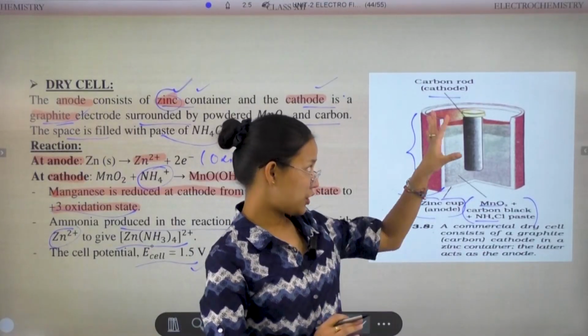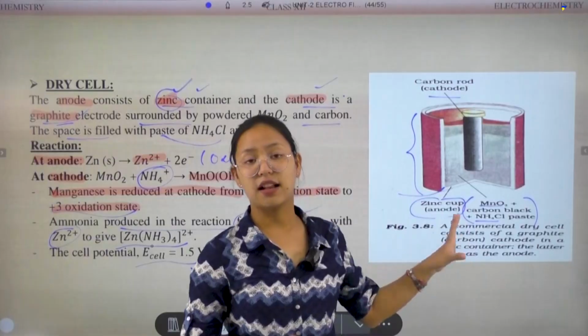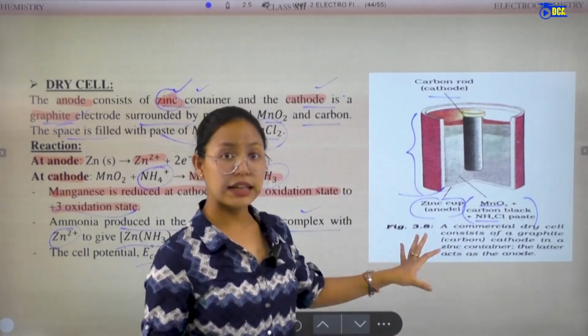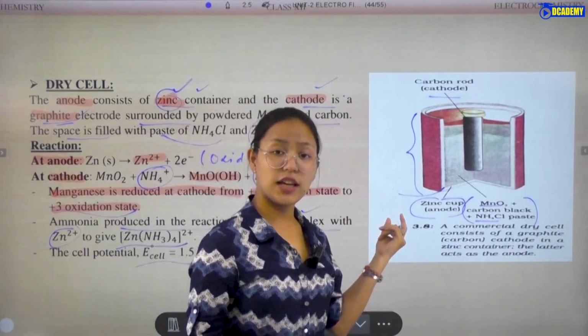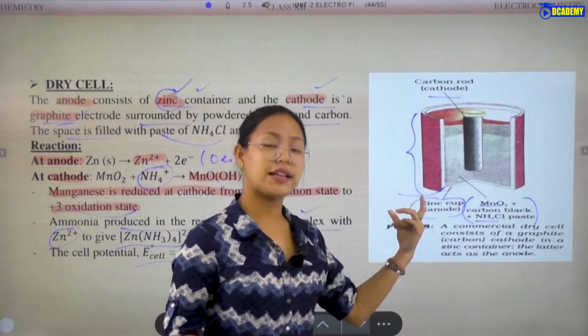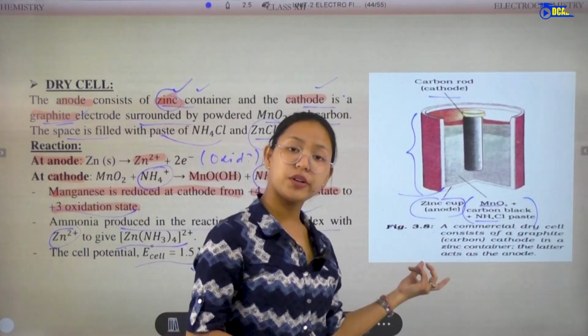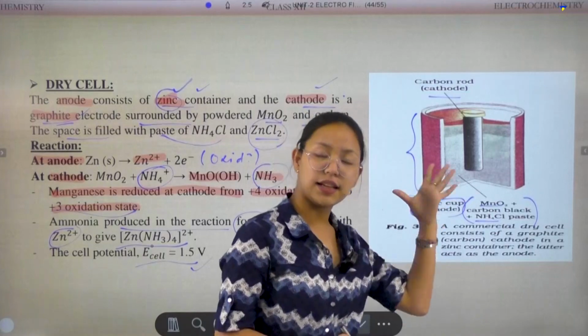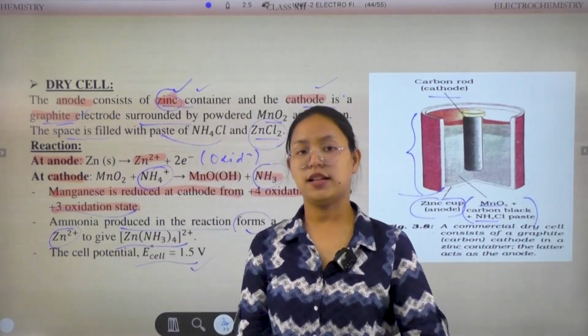The dry cell consists of zinc, a graphite electrode, manganese oxide, ammonium chloride, zinc chloride, and carbon black, which form a paste. Okay.